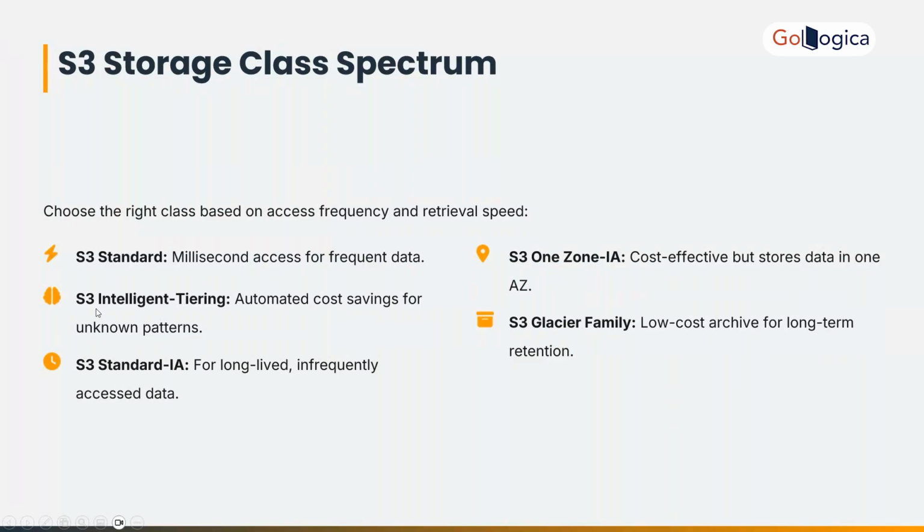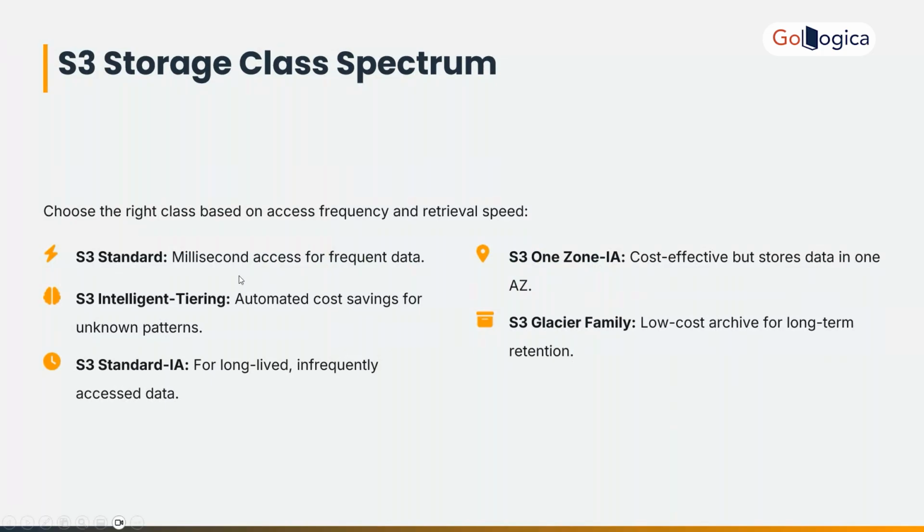Then you have S3 Intelligent-Tiering. What it does is automatically move your data based on your access pattern. If you are using it frequently, it will store it in your S3 Standard class, but if you're not accessing it frequently, it will store it in an infrequent access class. So it is based on your access pattern.